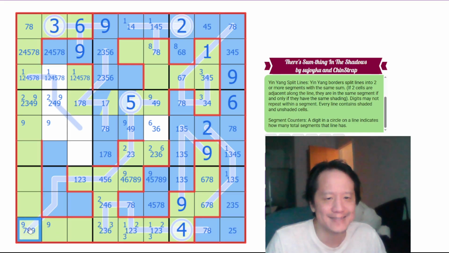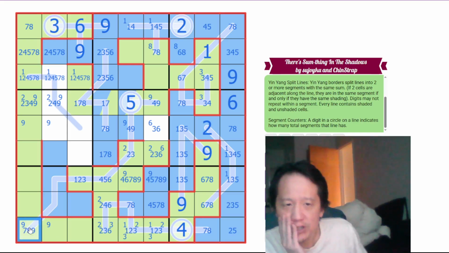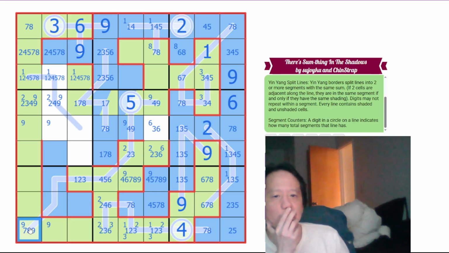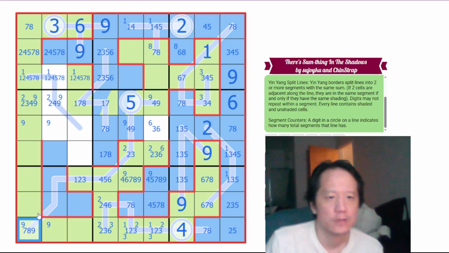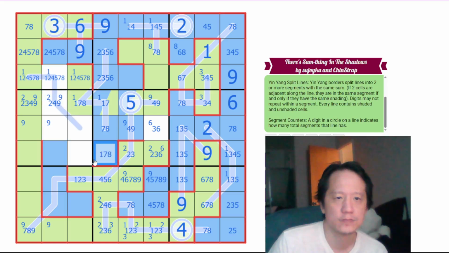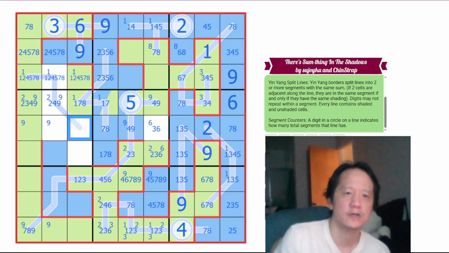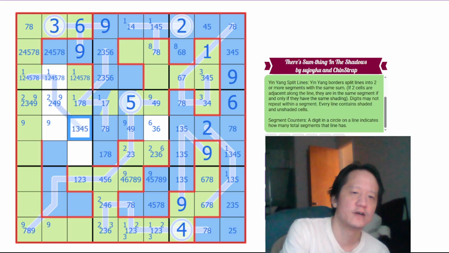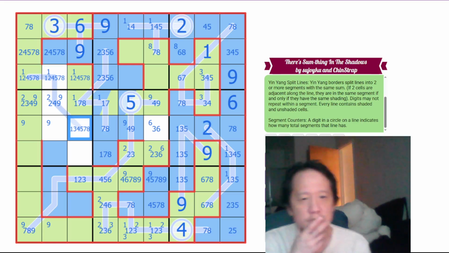If this is 9, now that's the question, right? This is 2, 4, or 9. So one of these is a 1. This has to be 1, 3, 4, 5, 7, 8 as possibilities.